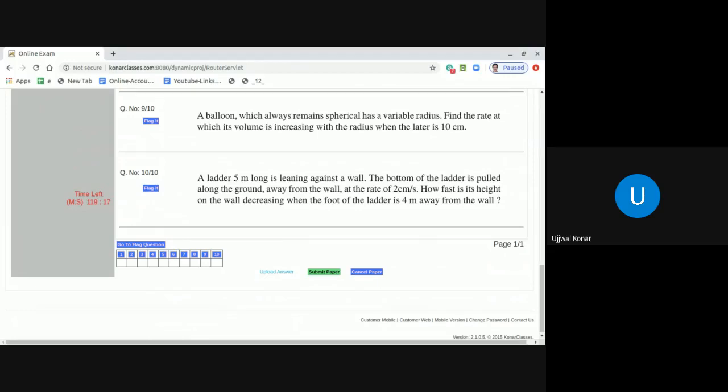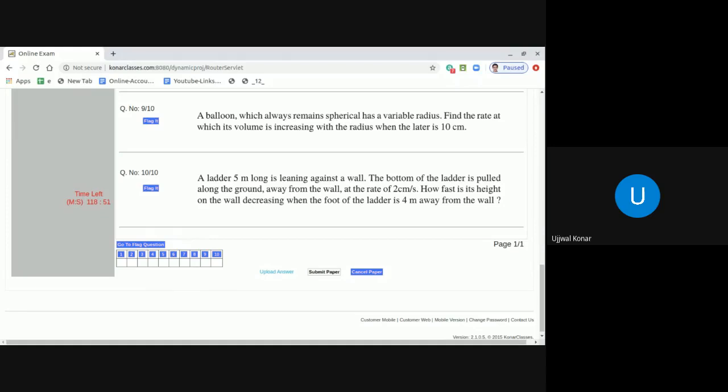After having the scanned copies of your answer paper, you can upload that answer. You see here, upload. After successful uploading, you can submit that paper, and then it will go to our faculty members. So your descriptive paper, which you are uploading from your home, is getting evaluated by our expert faculty members.